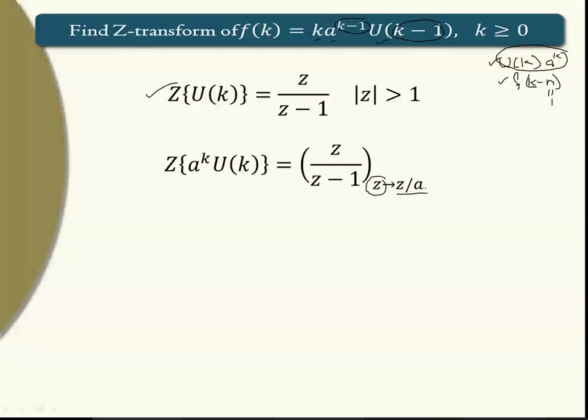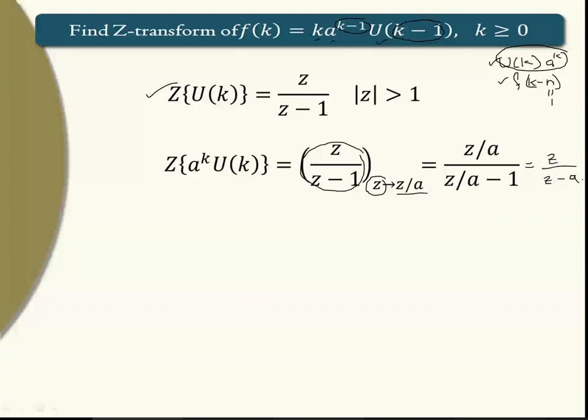We are using the change of scale property, first property. Okay, this is f(z). Replace z by z/a. So it becomes (z/a) upon (z/a minus 1). Multiply and divide by a. That gives us z upon z minus a. Okay, this will be z upon z minus a.